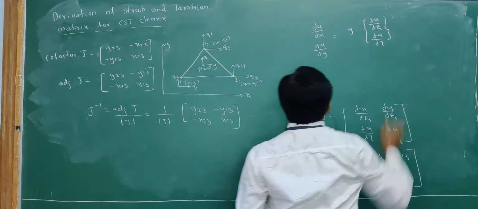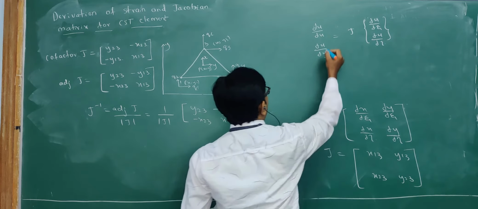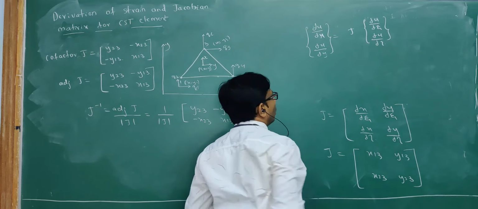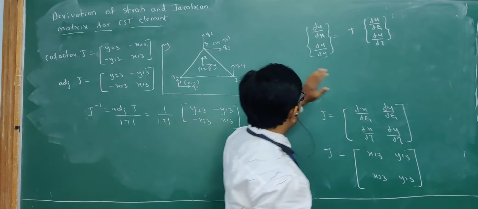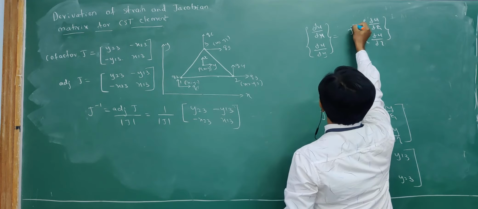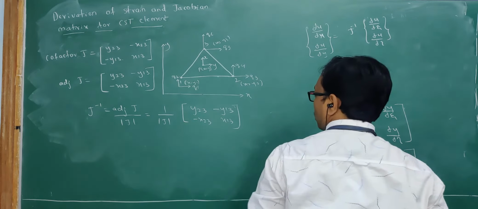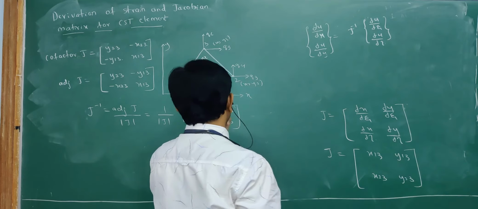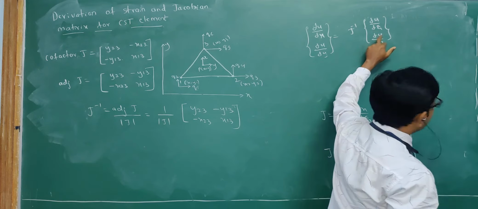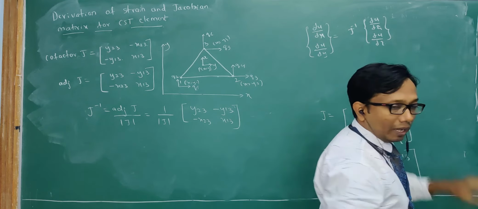This was the equation we have to determine in order to find the values of ∂u/∂x. We have found the value of J inverse. What we need to find now are these two values, that is ∂u/∂ζ and ∂u/∂η.